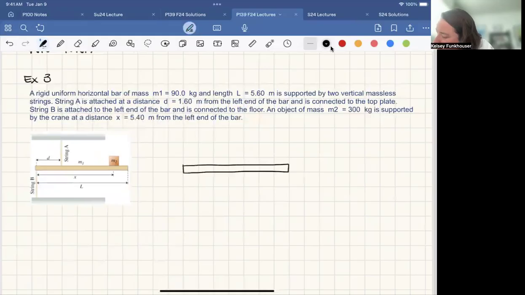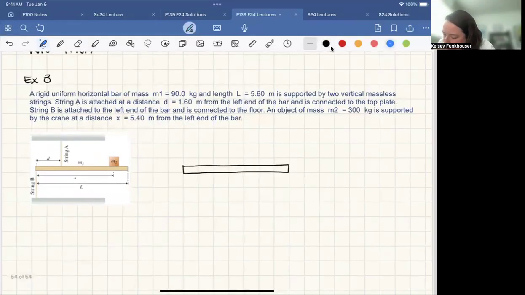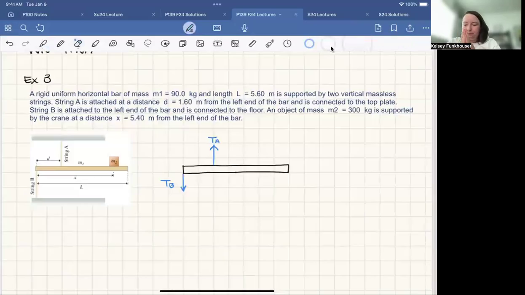So let's see. We have tension B at the left end, and then tension A. We'll add the distances in a minute. And then the beam itself, its mass matters. And when it says uniform bar, it's telling us that you can imagine that all the mass is at the center.